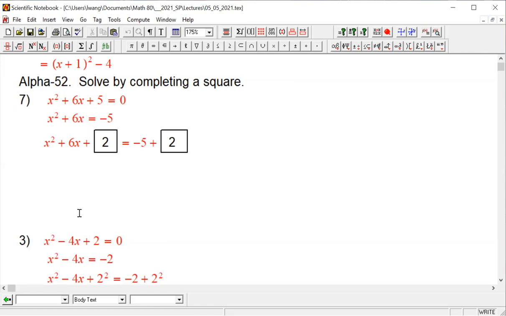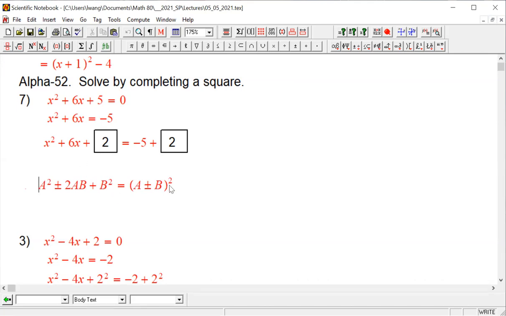And also, you will be thinking about a squared plus or minus 2ab plus b squared equals a plus or minus b squared, that perfect square, right? You'll be thinking what number I should put here to make a perfect square.